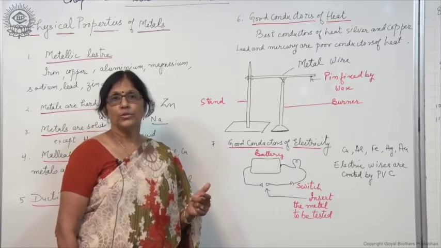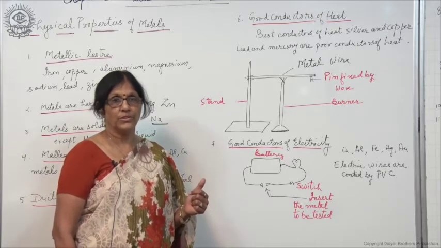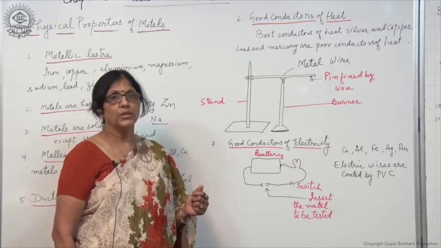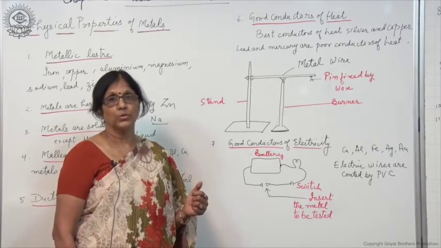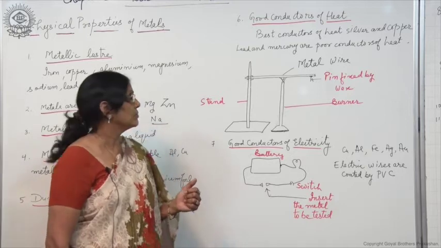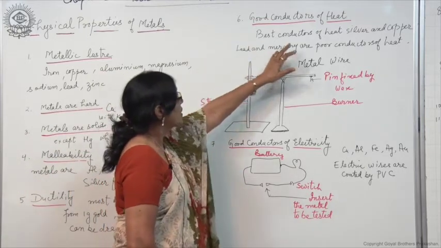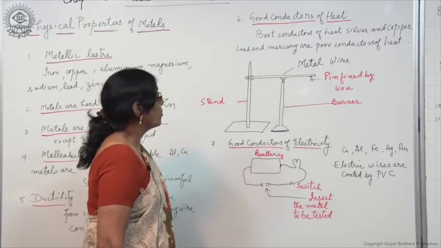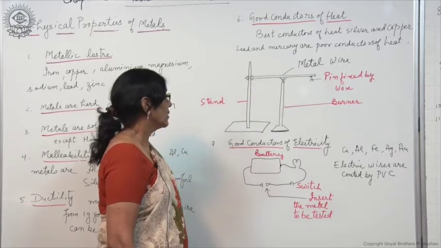What is the material used to make them? Think over it. Generally, cooking utensils are made of metals, because metals are good conductors of heat. The best conductors of heat are silver and copper, whereas lead and mercury are poor conductors of heat.